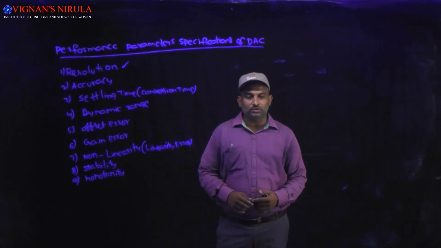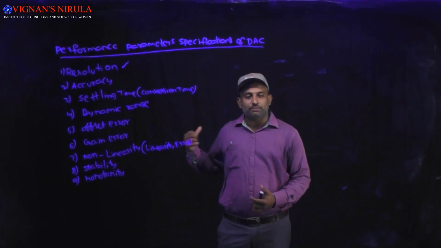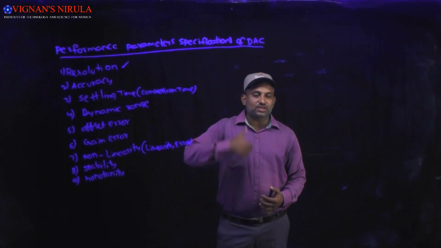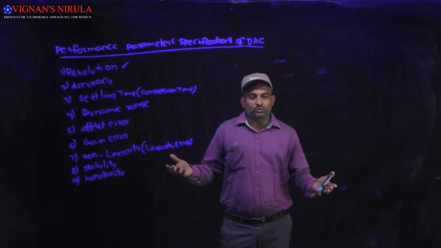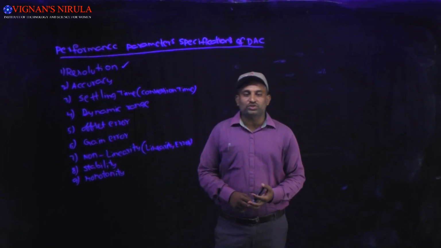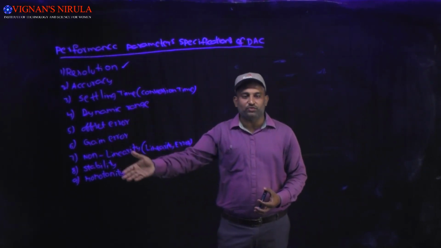Last one is monotonicity. A converter is said to have good monotonicity if it does not miss any step backward while it is stepping through its entire full range by a counter. These are the performance parameter specifications of DAC.